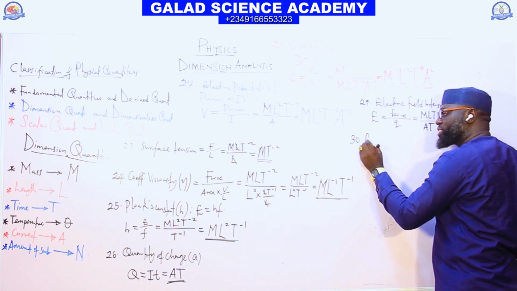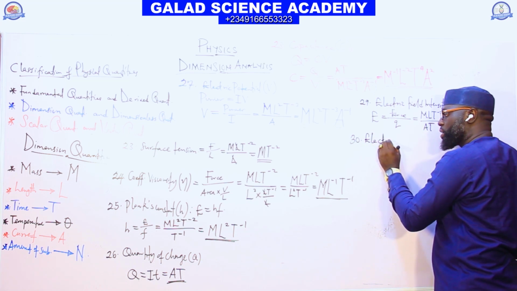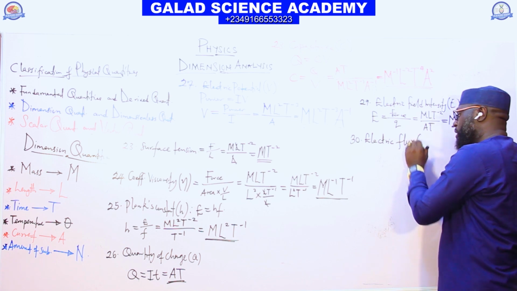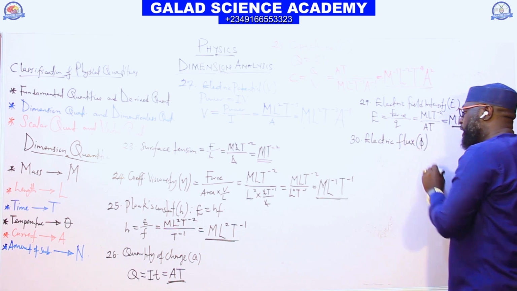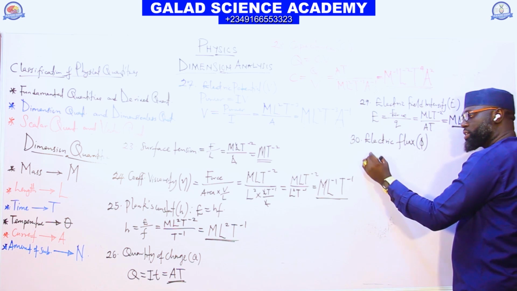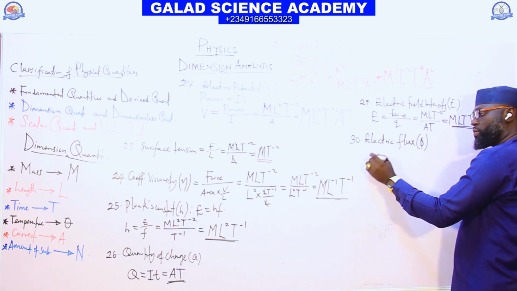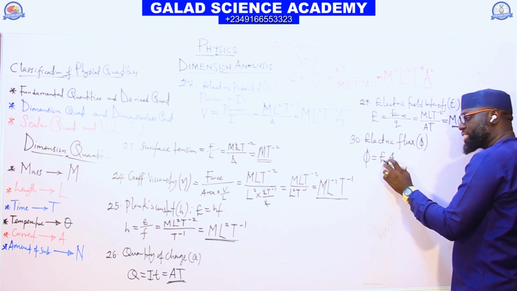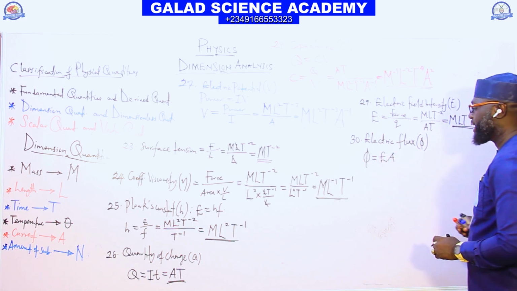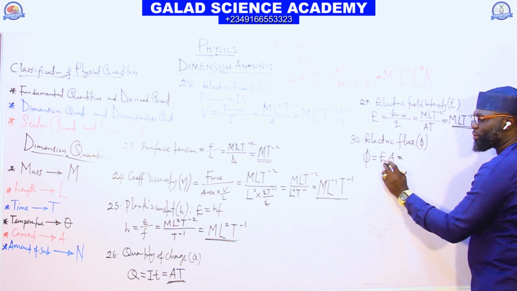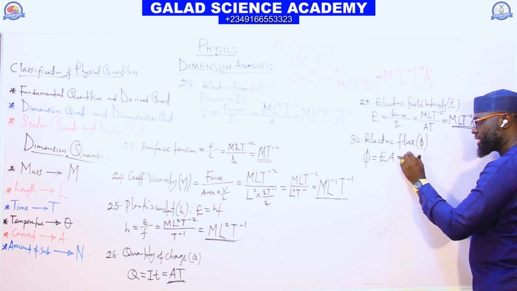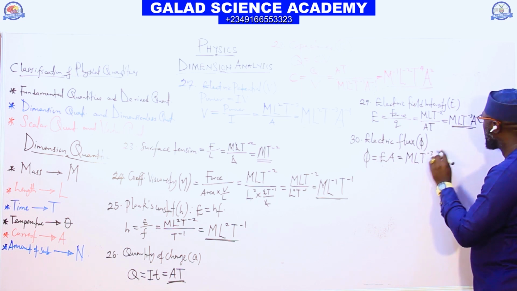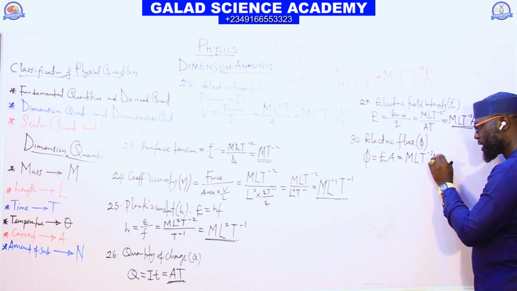Number 30: dimension for electric flux. Electric flux is the product of electric field intensity times area. The dimension for field intensity is M L T minus 3 A minus 1, times area.